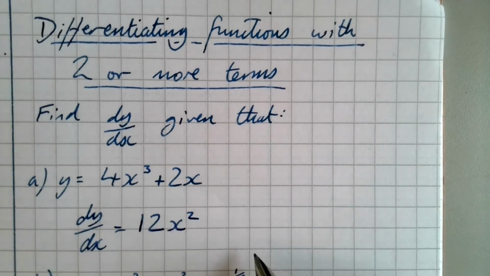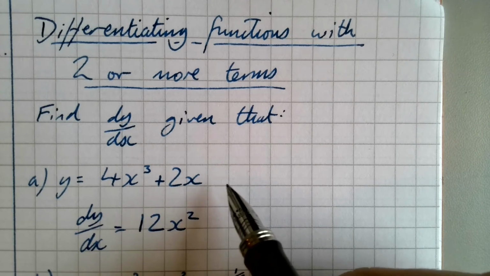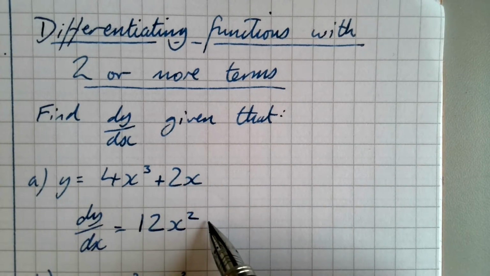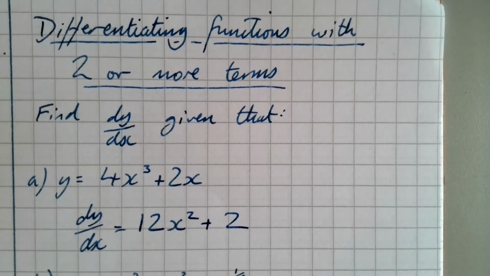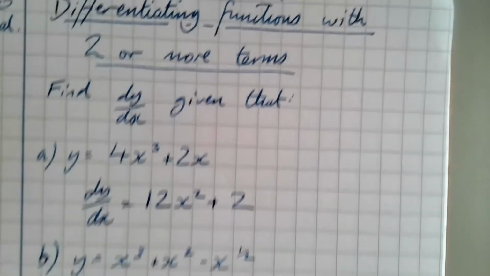Then when you've just got x on its own, because that would go to x to the power 0 and that would be 1, it'll just be 1 times the 2. So we just drop the x and we've got 12x squared plus 2. So there's the first one.